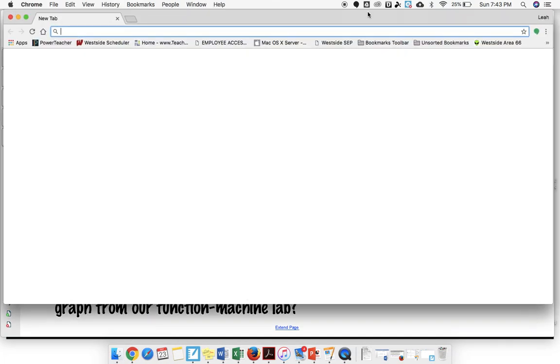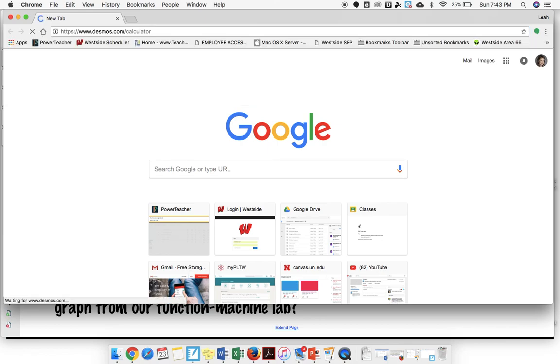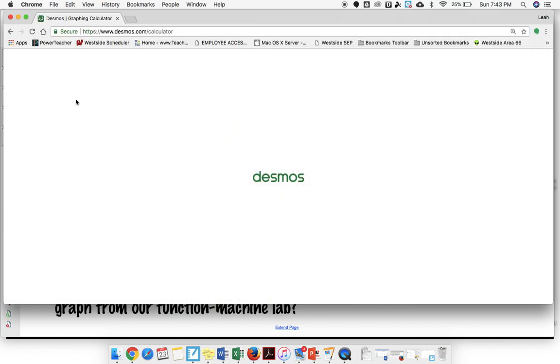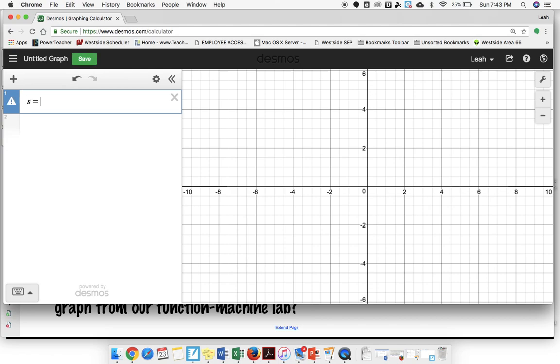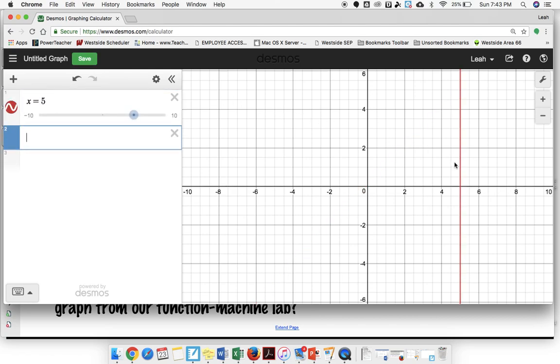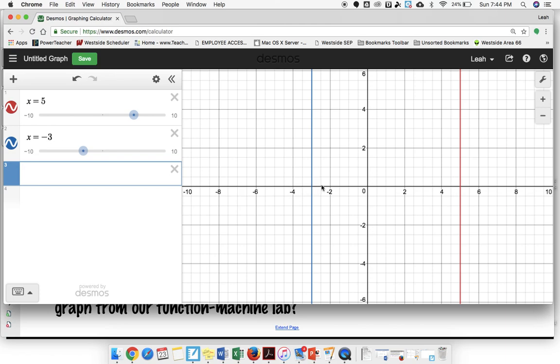So, for example, in Desmos, if I did x equals 5, it's going to draw a vertical line through 5. If I did x equals negative 3, it's going to draw a vertical line through negative 3. X equals 8, they're always going to be vertical lines through the x value of 8.